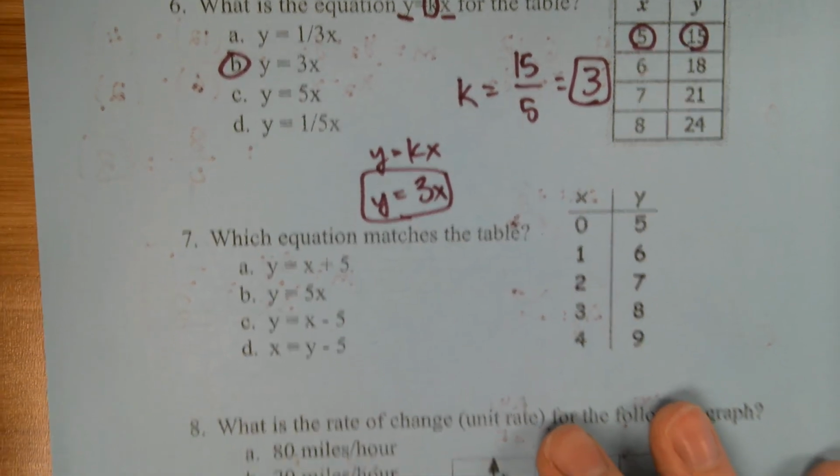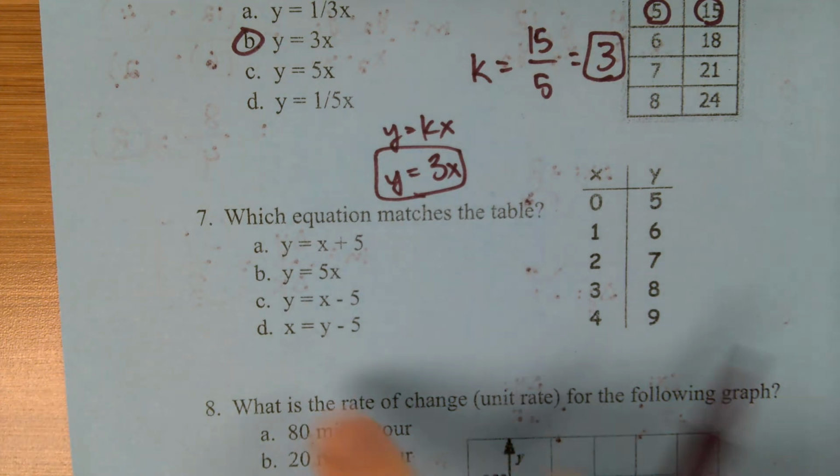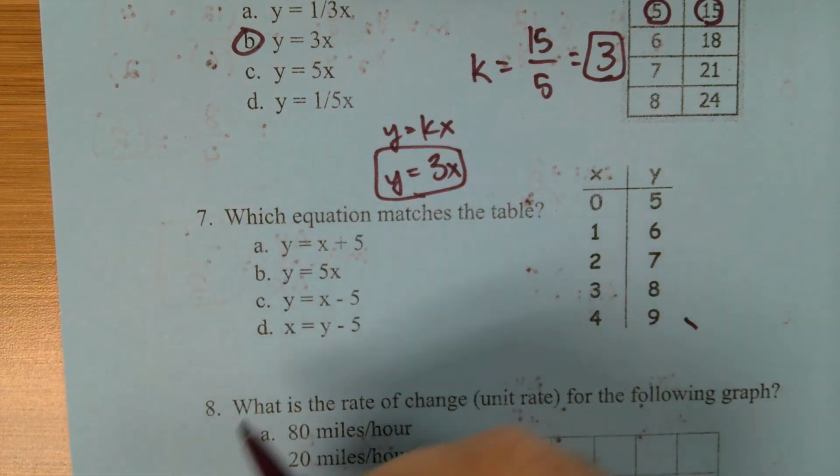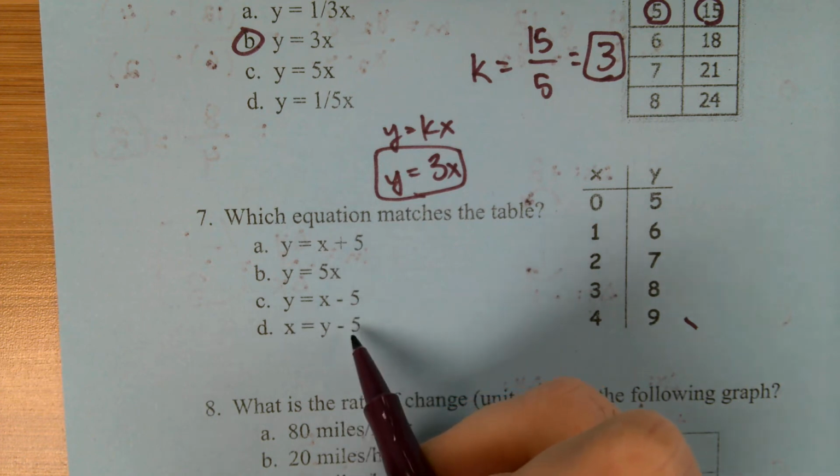Now number 7 says basically the same kind of thing. Which equation matches this table? Okay, let's go ahead and see what we're going to do here. So because most of our answer choices have a b value on the end, right? We see plus 5, minus 5, minus 5.